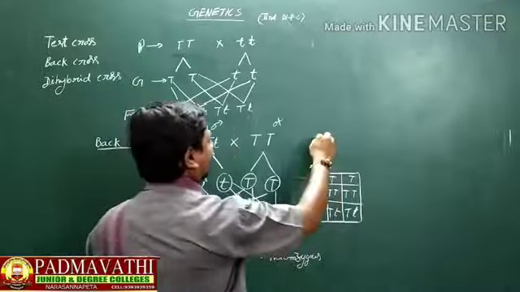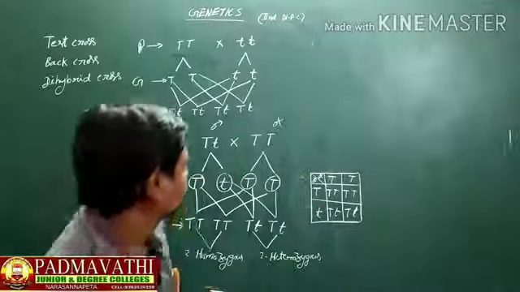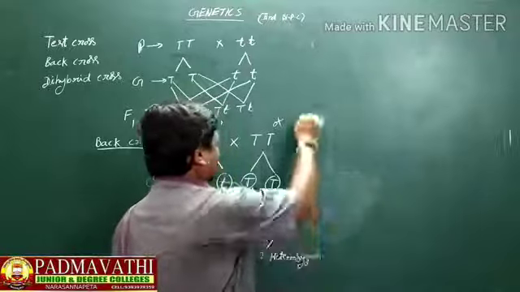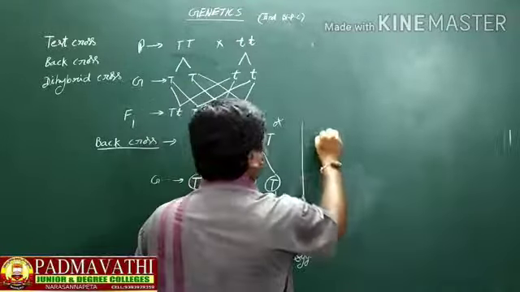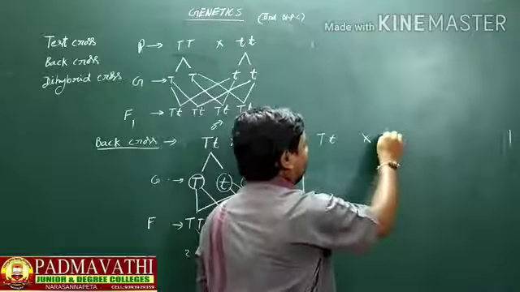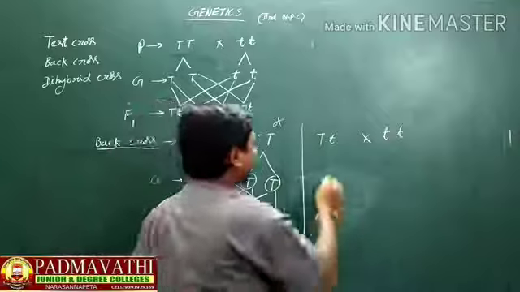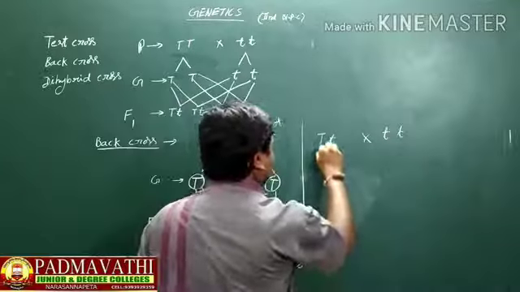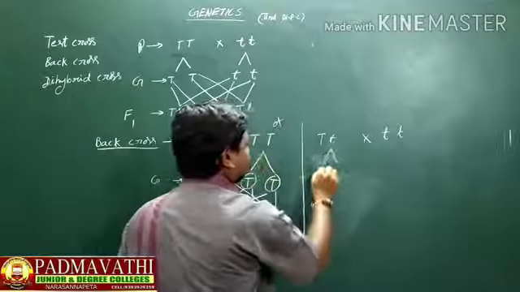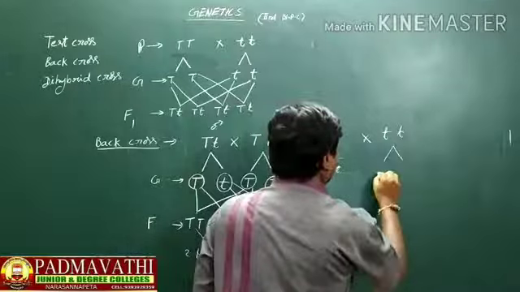And another one: big T small t is crossed with small t small t. It is also backcross. So the gametes are big T and small t, and here small t and small t.